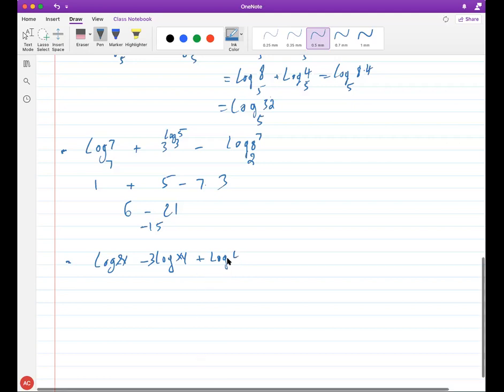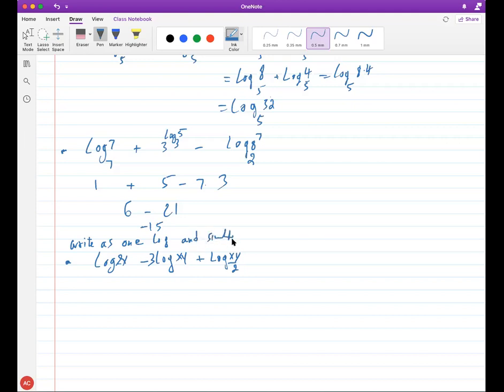Actually, let me make it like this. Okay, so let's try to put these 3 logs into 1 log and simplify. It's a typical question. Write as 1 log. Simplify if possible.